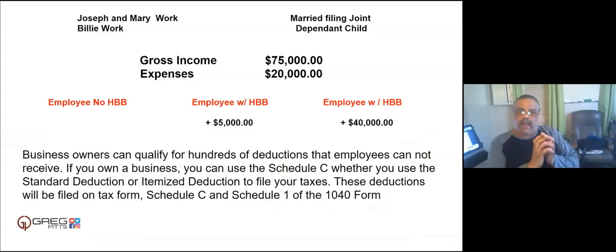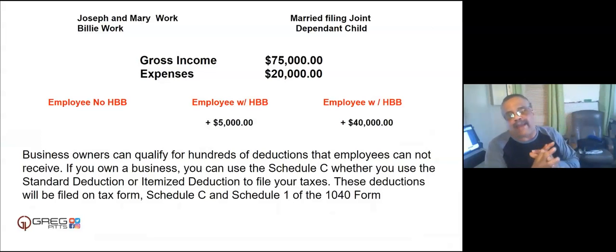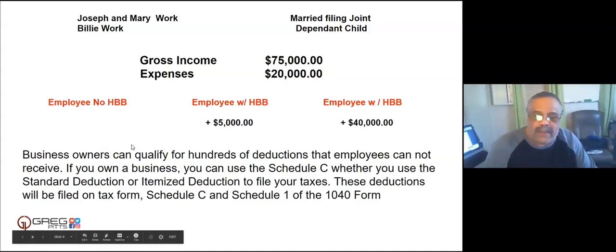We're going to talk about a household that's got $75,000 from a job, but they got $20,000 in expenses. You're all going to have expenses, your cable TV, your electricity, gas, water. It adds up, $20,000 worth of expenses. First, someone without a business.